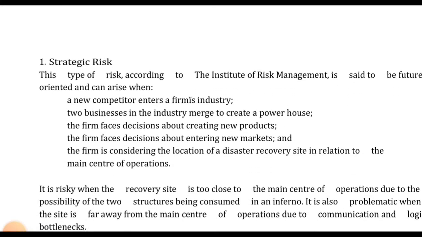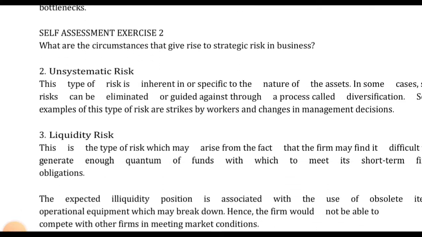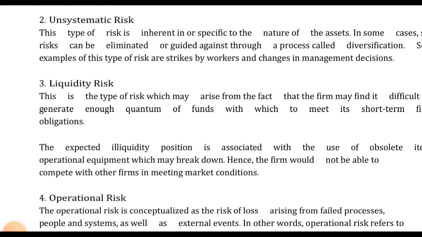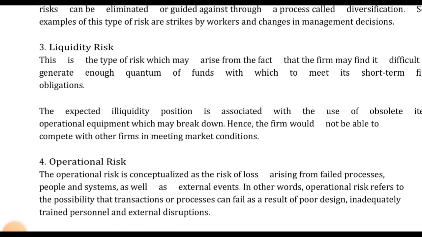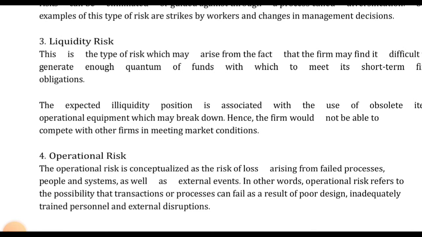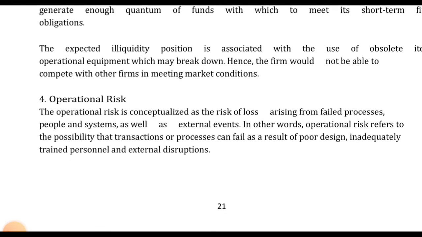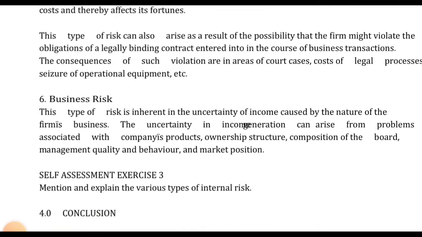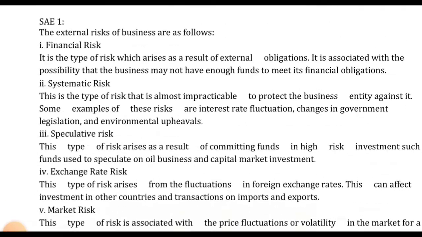Now for the internal, we have the strategic risk, the unsystematic risk, the liquidity risk. Now let's take liquidity, a type of risk which may arise from the fact that a firm may find it difficult to generate enough quantum of funds. Liquidity has to do with money, generating enough funds. Operational risks are attached to the operation of businesses, and that's that for that.